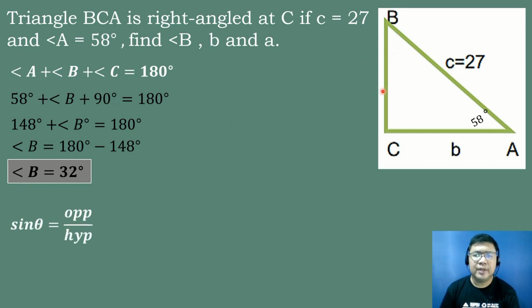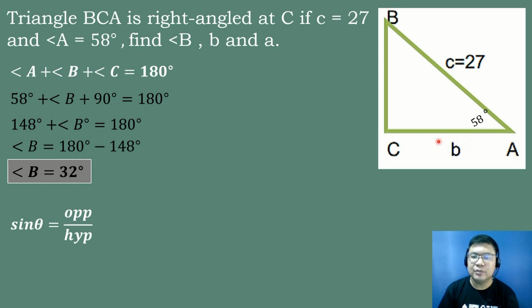So the next one is we want to compute for the measure of side A. So this side, the measure of segment BC. And we will be analyzing what formula to be used. So since angle A is the given angle, side BC is the opposite side of angle A. And then the only given here is the hypotenuse, which is C is equal to 27.